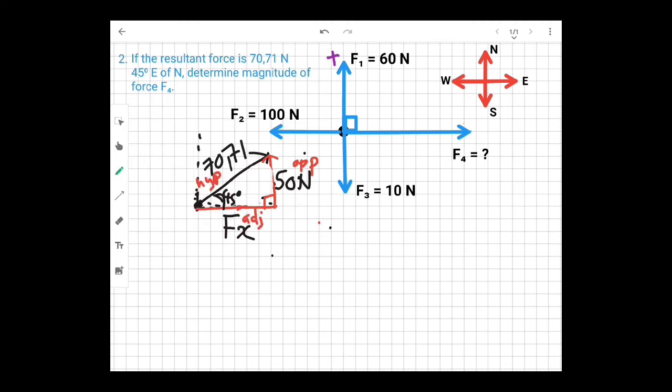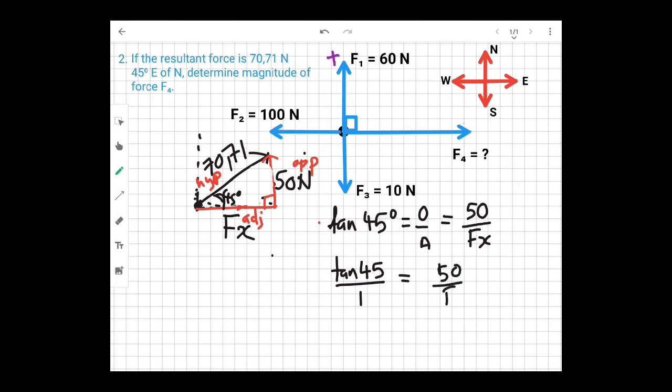So I could say that tan of 45 is equal to opposite over adjacent, in this case, which is the 50 over Fx. Right? So what I need here to do is to make the tan 45 go over 1, which is now equal to 50 over Fx.